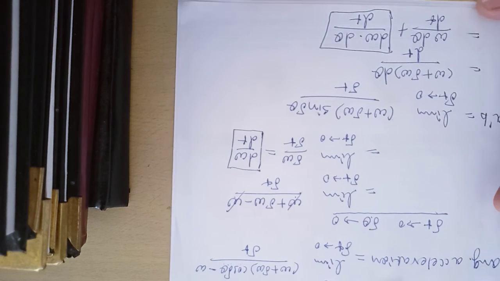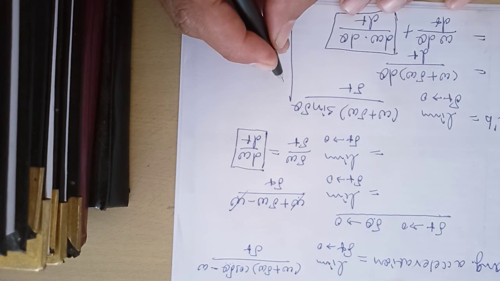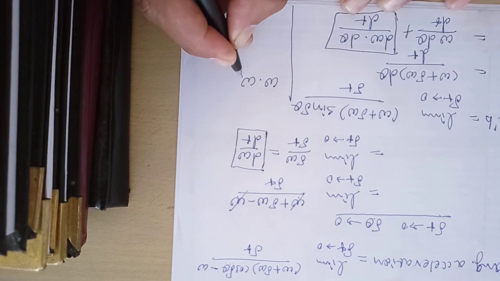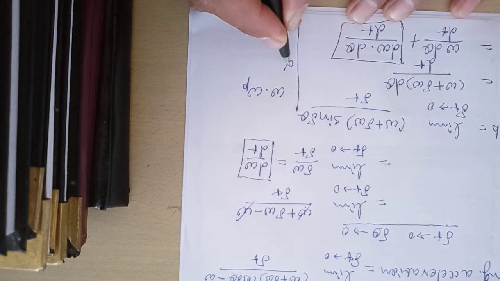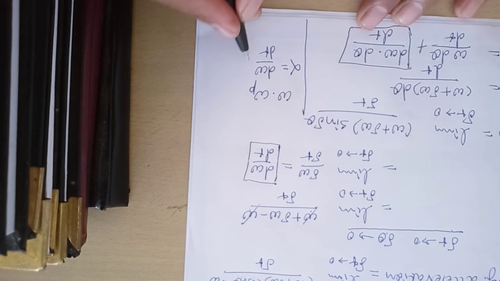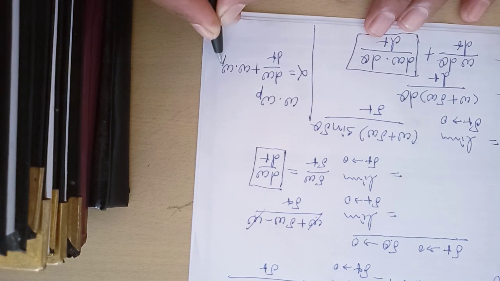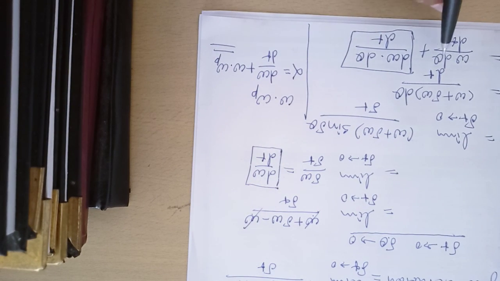So the second component of angular acceleration is omega into omega precession. So total angular acceleration is d omega by dt plus omega into omega precession. So omega precession is d theta upon dt.